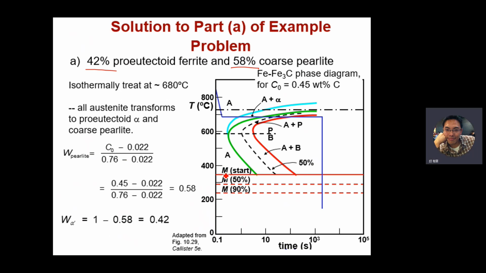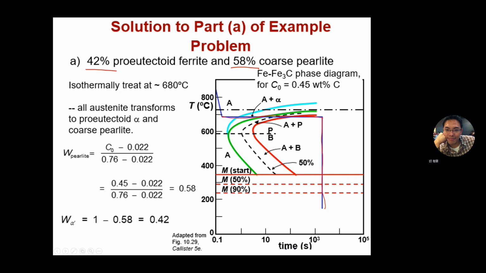So isothermally treat at 680 Celsius from 727, so we get a constant temperature, and then drop the temperature to room temperature after the phase transformation is complete.